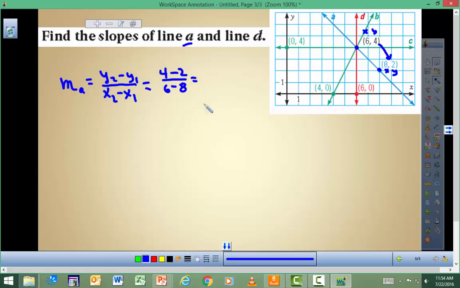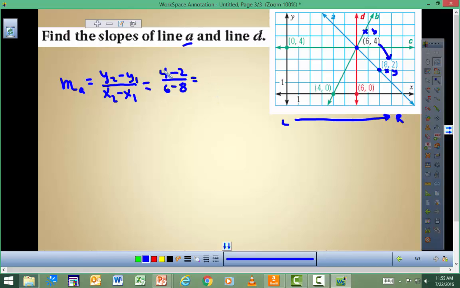Now, before I finish this calculation, we know that line A has to have a negative slope, right? Because as we go from left to right, this line actually goes down. Now check out the mathematics in the formula. It should confirm your intuition.